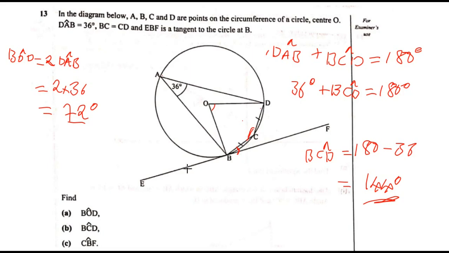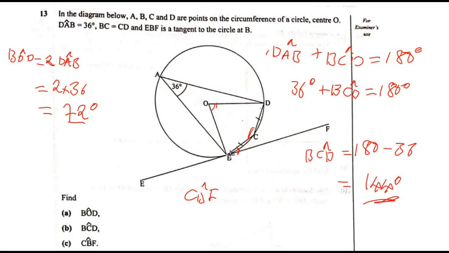What this basically means is that if the chord BC is making an angle with the tangent EBF, which is this angle, and this chord also subtends an angle in the opposite segment, then these angles would be equal. So the angle CBF will definitely be equal to that.